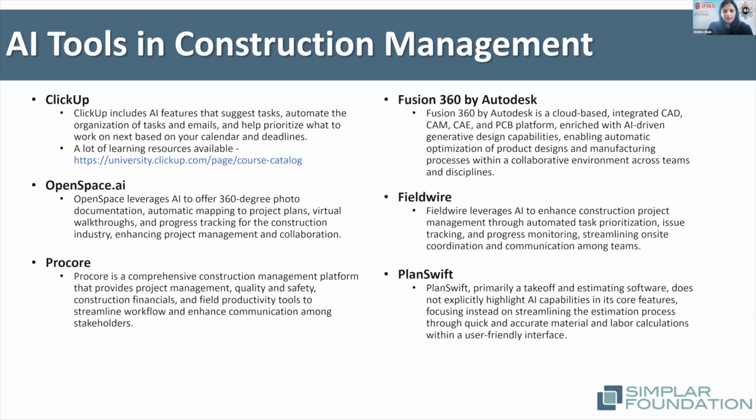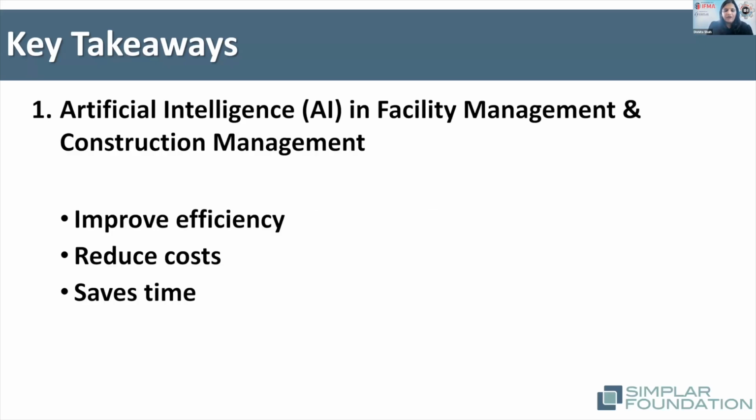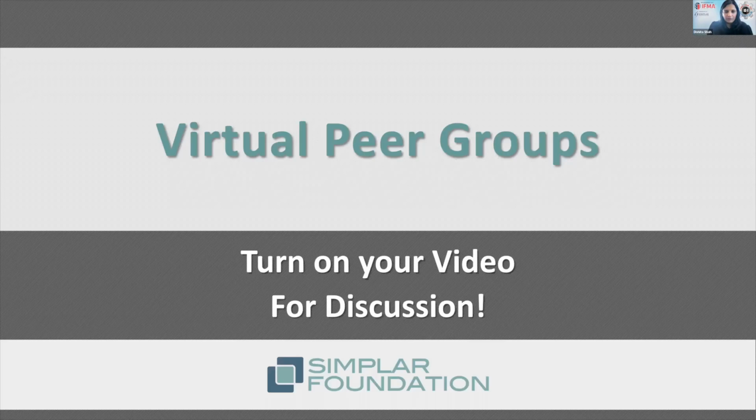We'll provide you with these slides for you to go over again. But in summary, the key takeaways are that AI in facility management as well as in construction management can improve efficiency, reduce costs, and save you a lot of time in doing the tasks that used to take a lot more.